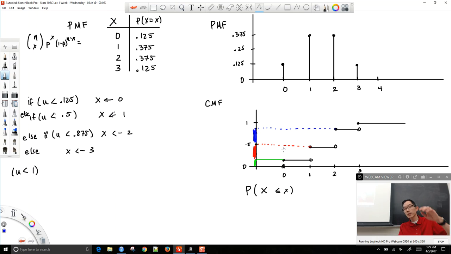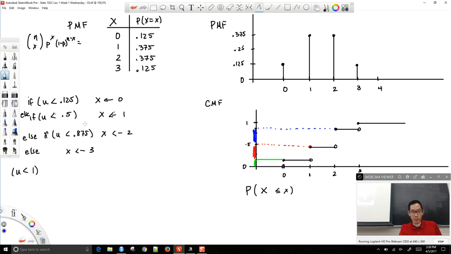There's this sense that to go from the uniform to a discrete distribution, you can just set up is u less than or equal to the probability of this value, kind of between this spot and this spot, right?